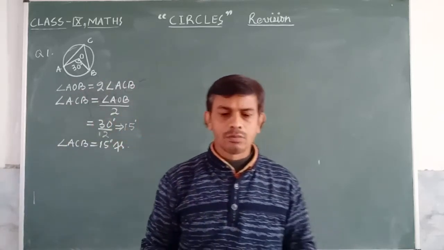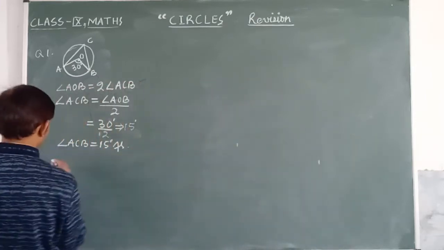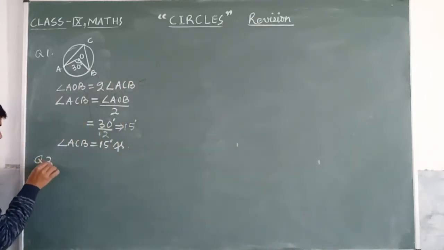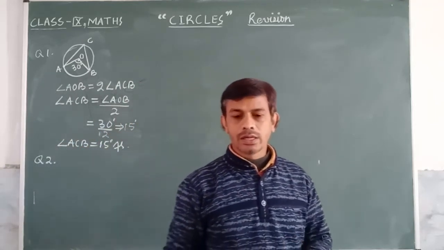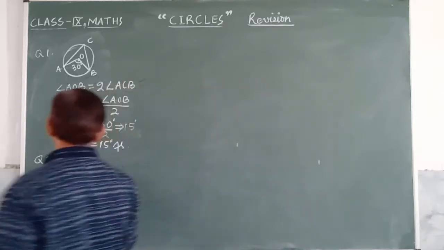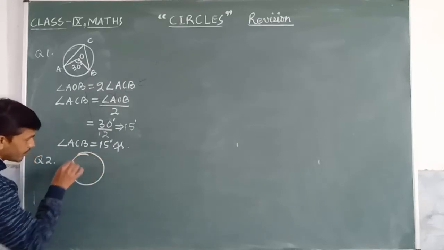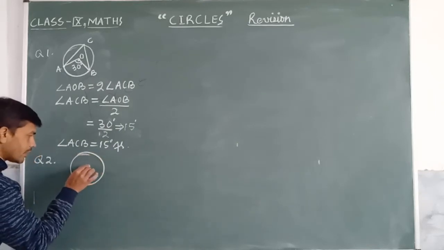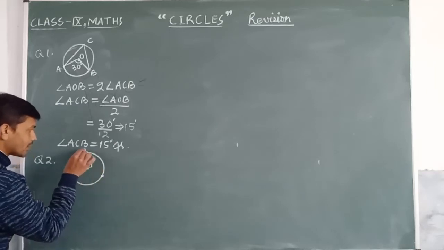Let's check the second problem. In second problem, we are given a circle with center at O, and a number of points A, B, C are lying on it.